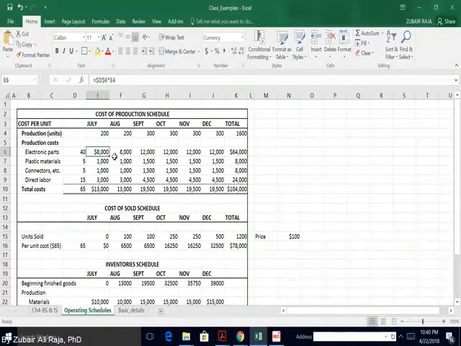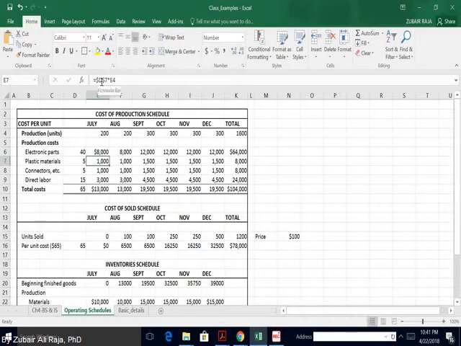So 8,000 worth of electronic parts are used in the month of July. For making the same 200 scanners, 1,000 worth of plastic material is used: 200 multiplied by 5 will give you 1,000.